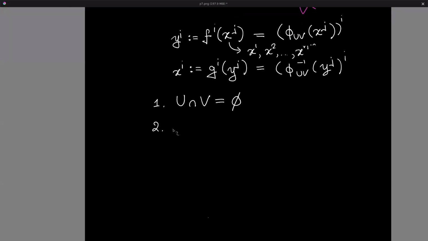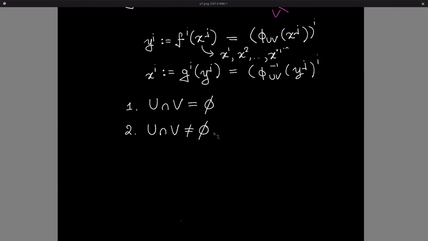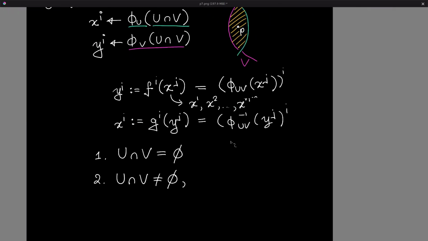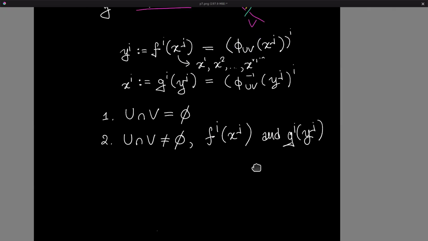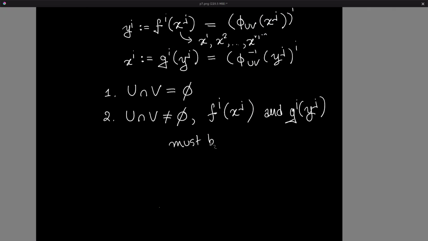Or if U intersection V isn't empty, if there's some overlap, then again we're using this idea of lifting concepts from Rn. So we're going to say that Fi of xj and gi of yj must both be CR on Rn.